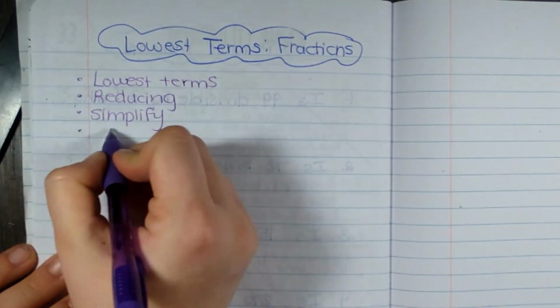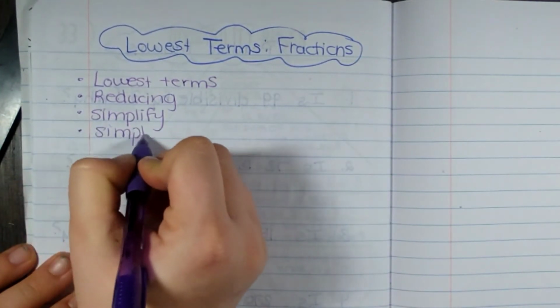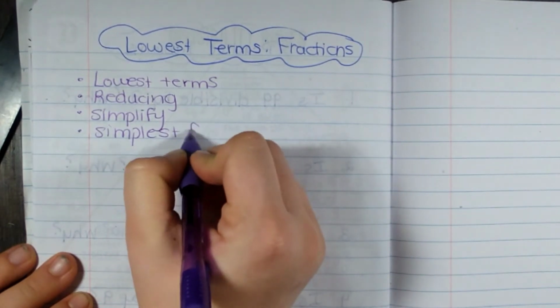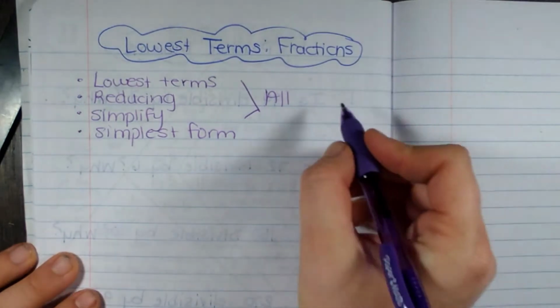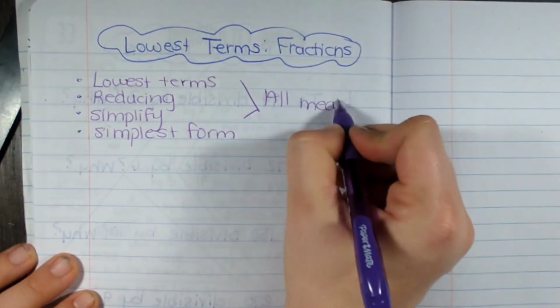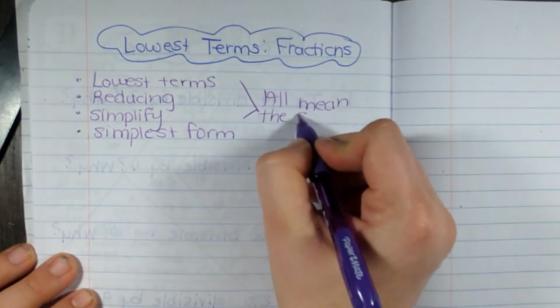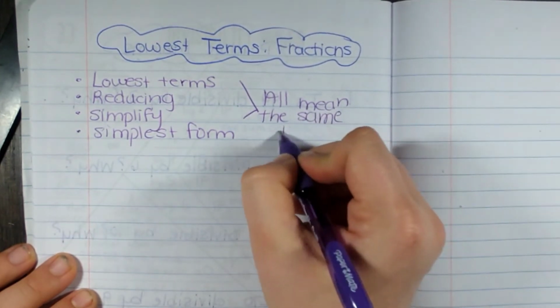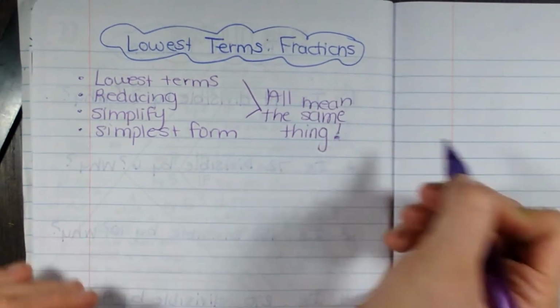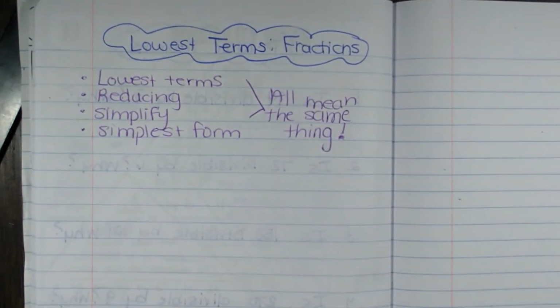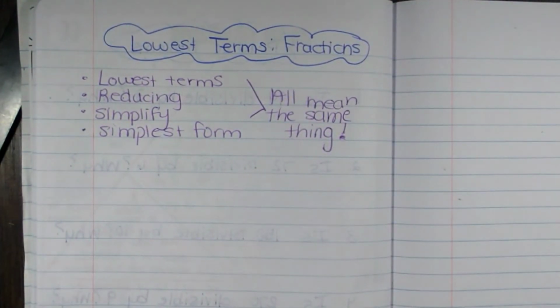They may say to put it in simplest form. All of these mean the same thing. Okay, you'll see all of those. So you need to know that all of those mean to reduce your fraction.